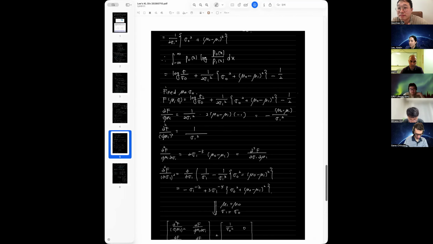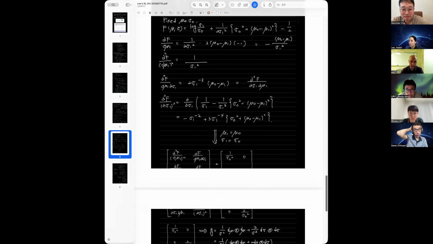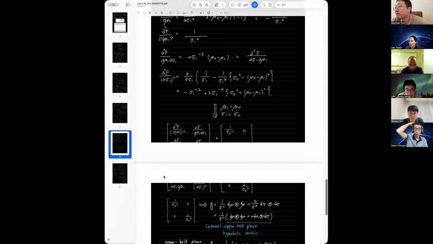At the first point, I already mentioned that we fixed mu 0 and sigma 0. So we want to see how far mu 1 and sigma 1 are from these terms. So we input mu 1 as mu 0 and sigma 1 as sigma 0. I wrote the matrix like this.